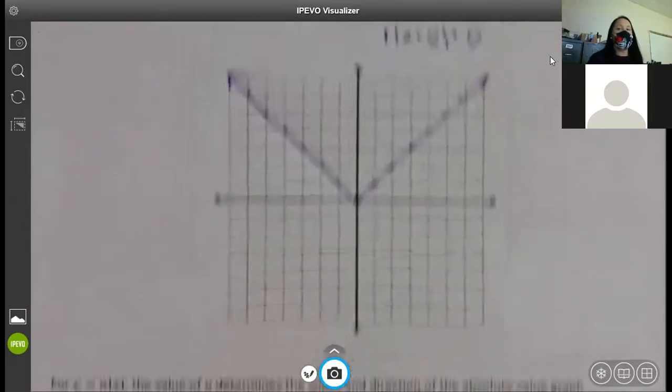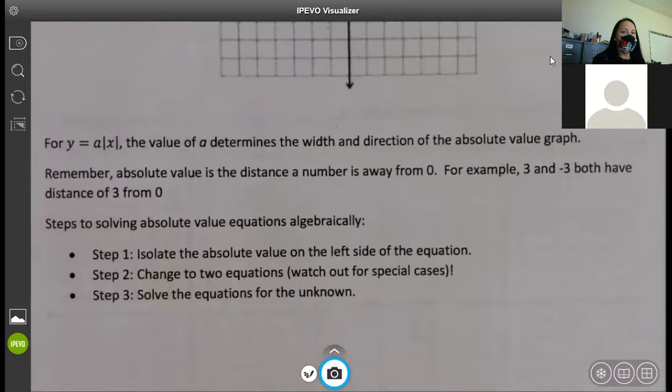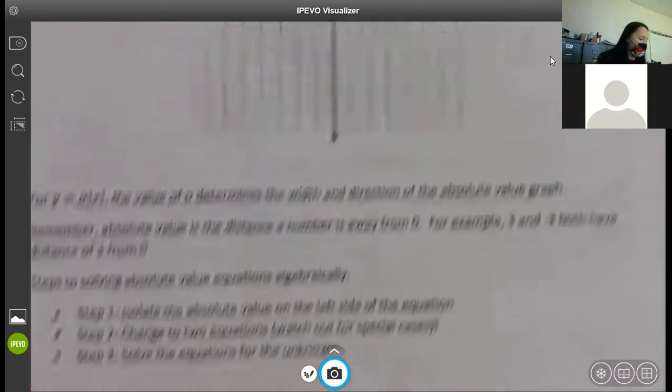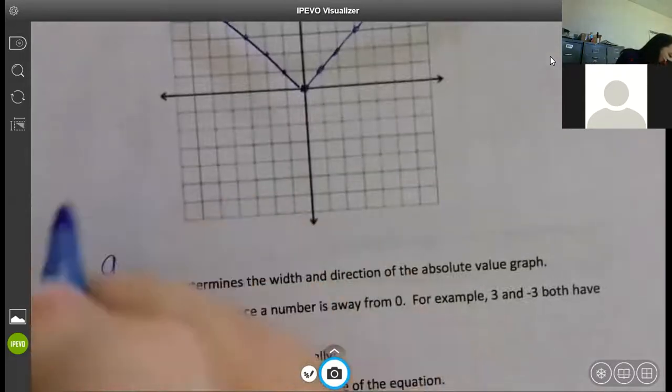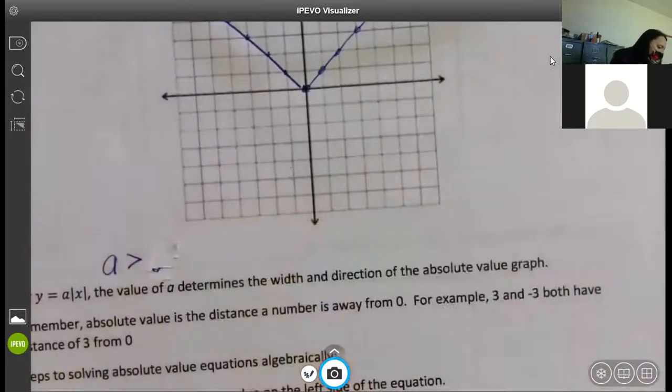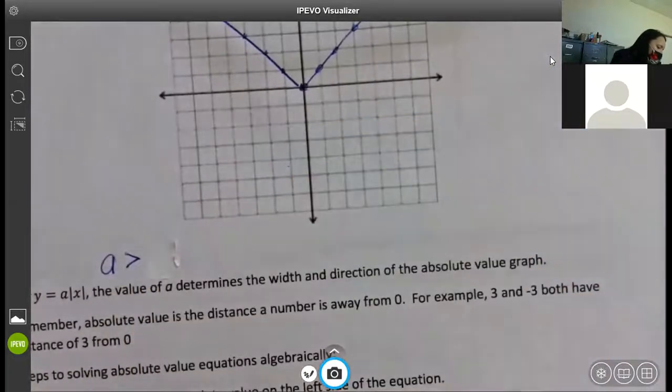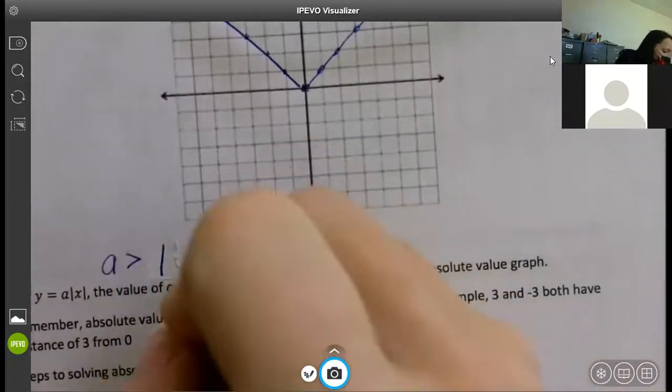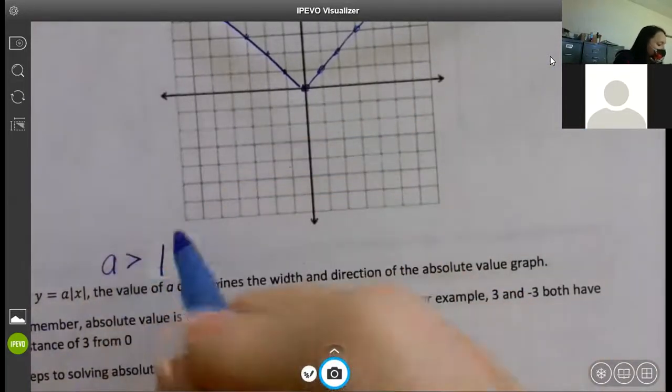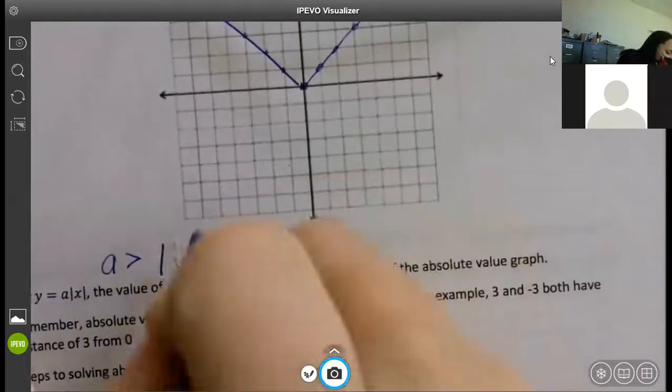All right. So for y equals a times the absolute value of x, the value of a determines the width and direction of the absolute value graph. If a is not 0, and a is greater than 1, then it's going to make it a vertical stretch like we talked about, so it'll make it skinny.